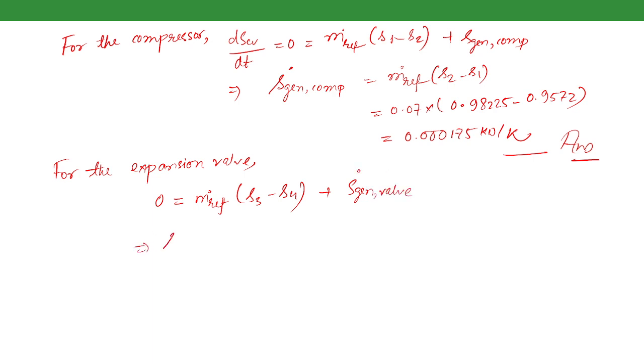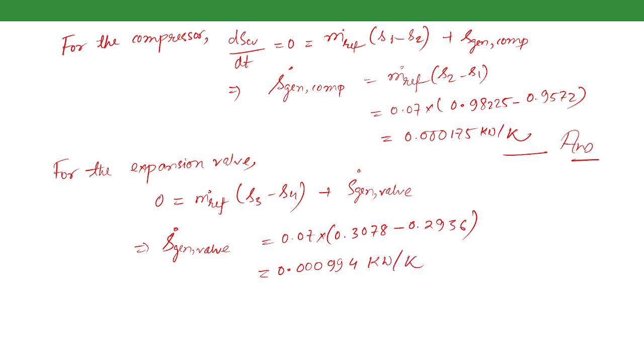So the rate of entropy generation in the valve is 0.07 into 0.3078 minus 0.2936. Okay. So this value comes out to be 0.000994 kilowatt per Kelvin.